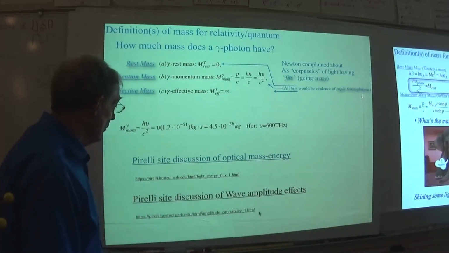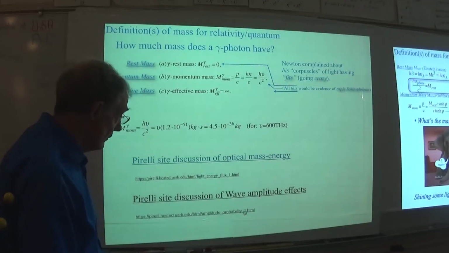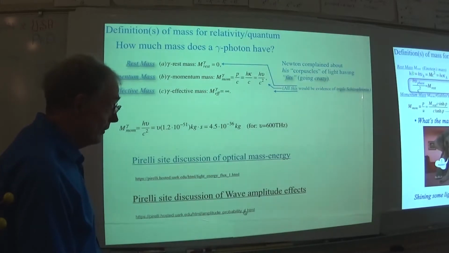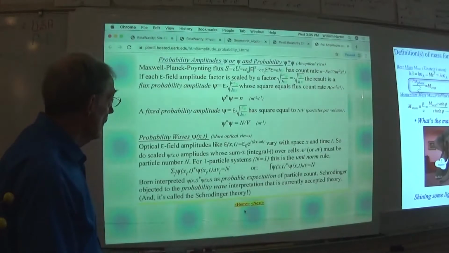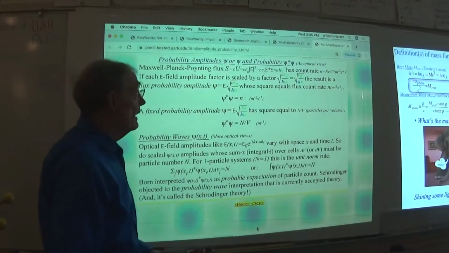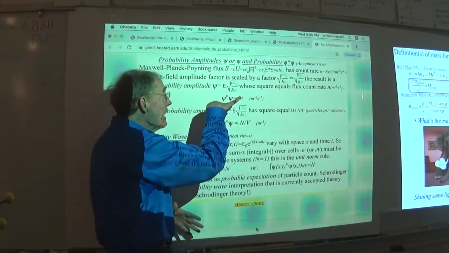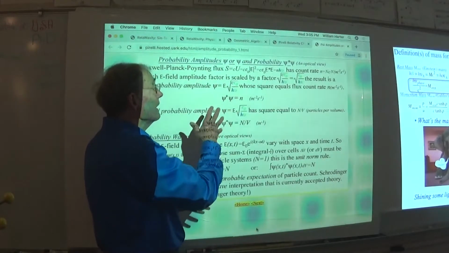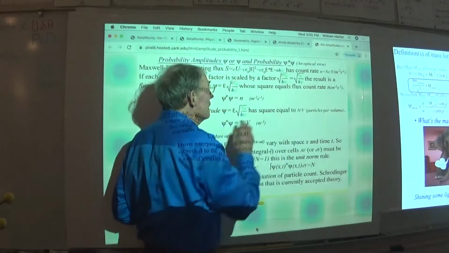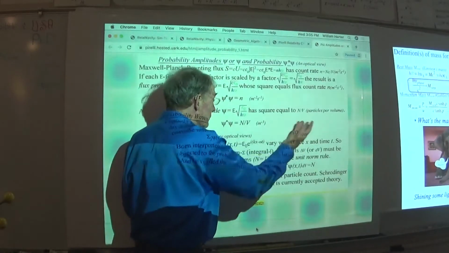There's also a discussion of wave amplitude effects, which I think is almost quite frightening for some people. We have to do an E squared, but we can put a c in front of it, or not, depending on whether we want to look at a flux count rate or a volume count rate.